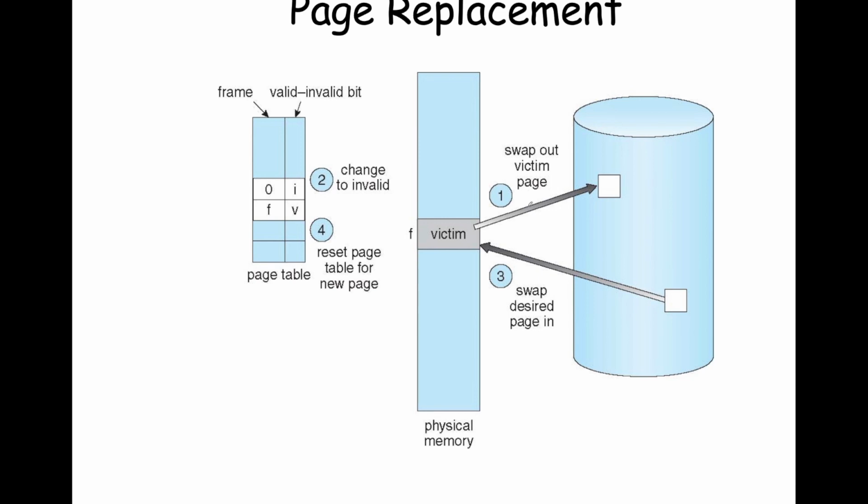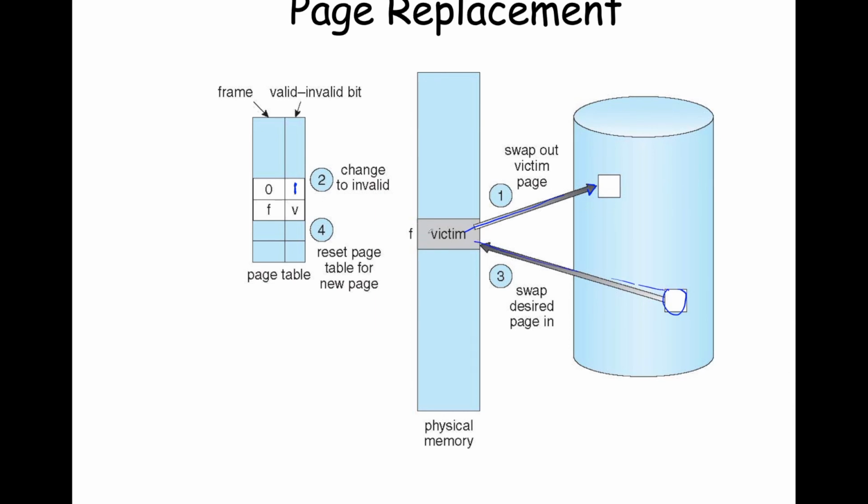And so the first thing that happens is you select a victim page and you swap it out to your backing store or your swap space. And then the second step is you change that newly swapped out page in the page table to be invalid.